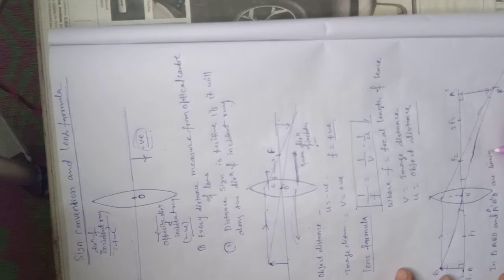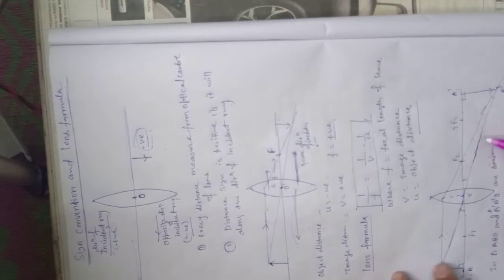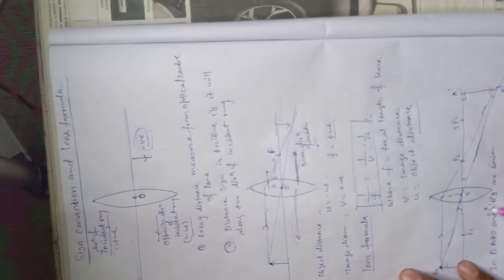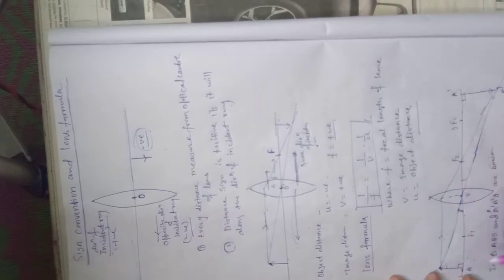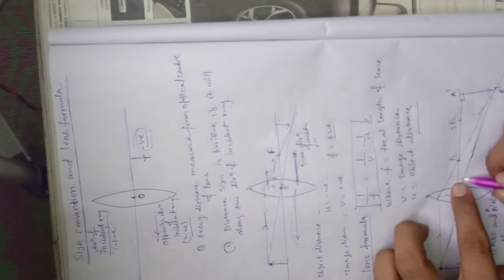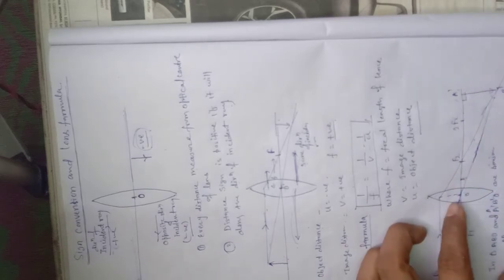According to the similarity theorem, the ratios of corresponding sides are equal. The side opposite this angle is AB, and the side opposite the equal angle is A dash B dash.